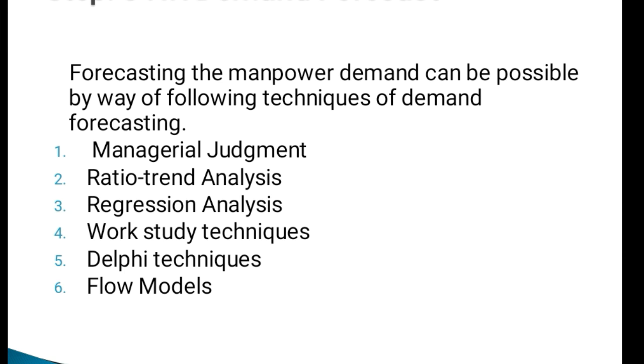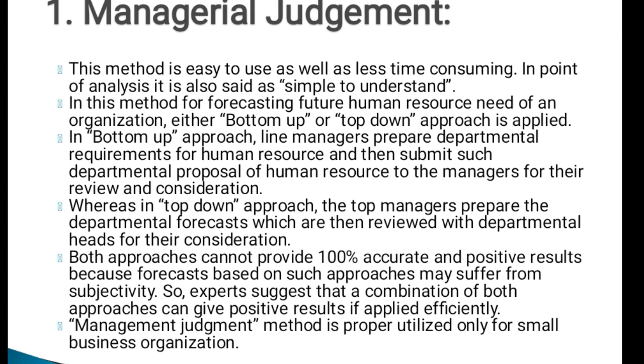The very first technique, which is used in small scale industries as well as in companies where a sufficient database is not available, is managerial judgment. This method is easy to use as well as less time consuming. So both are advantages of the managerial judgment method.